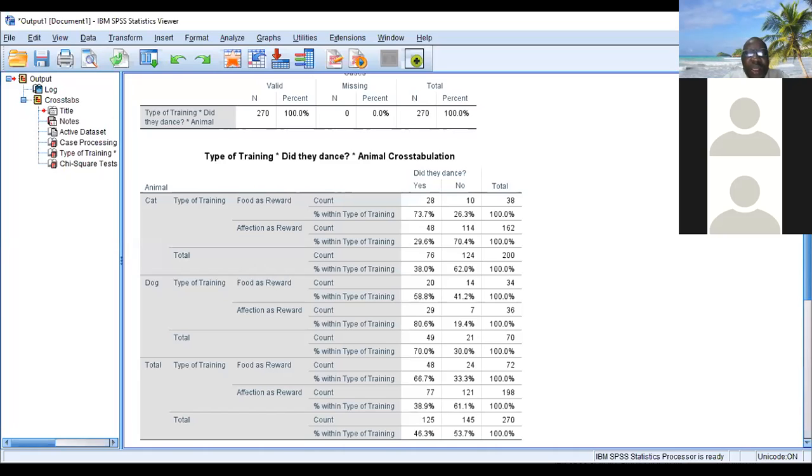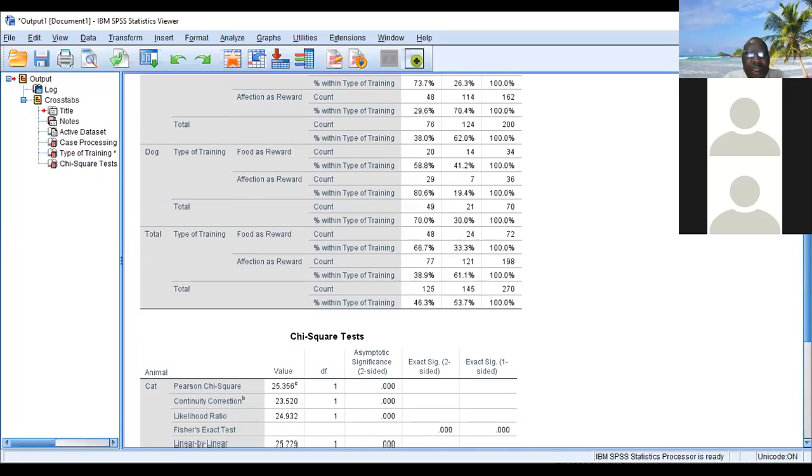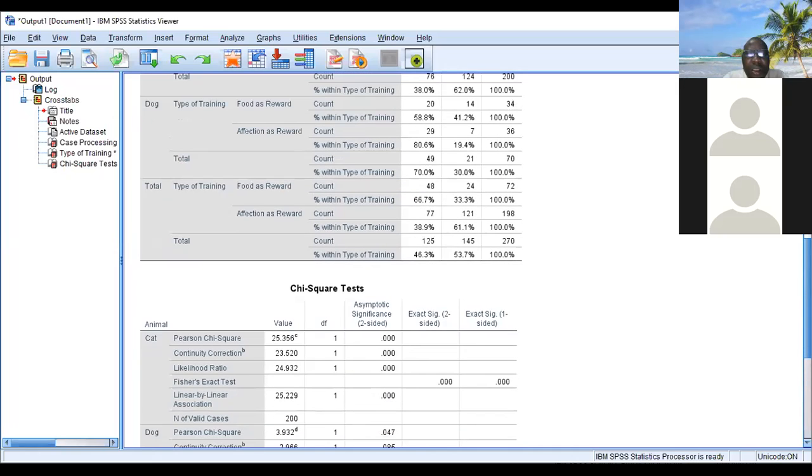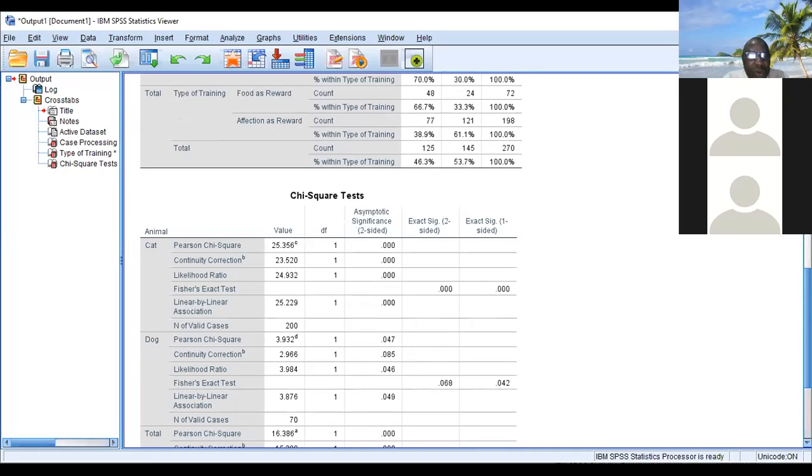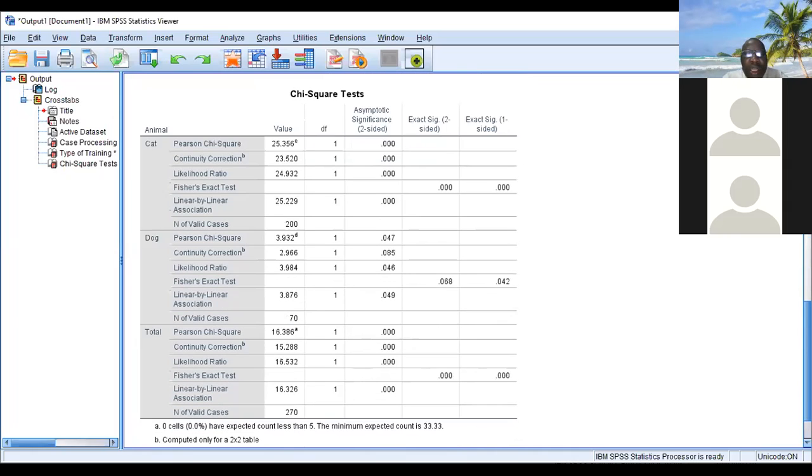So if you scroll down, you see that it is for both dog and cat.